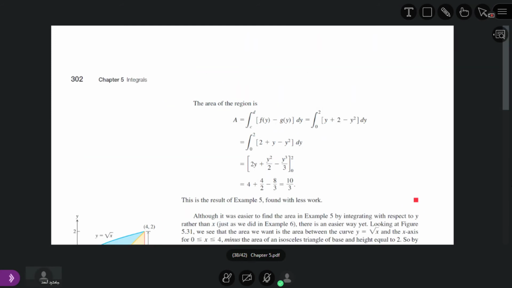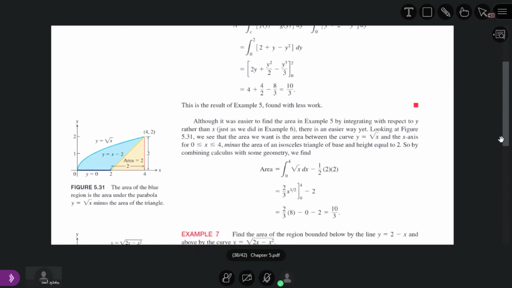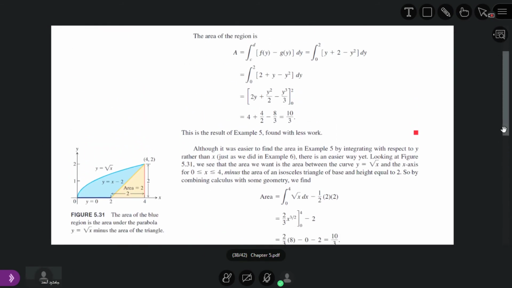The area of the region we denote by A. So A is the integral from c to d. What is c? Here c is equal to 0 and d is equal to 2, or you can say it is a to b, no problem. You can put a and b here.